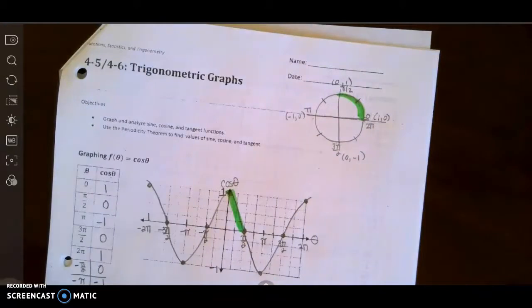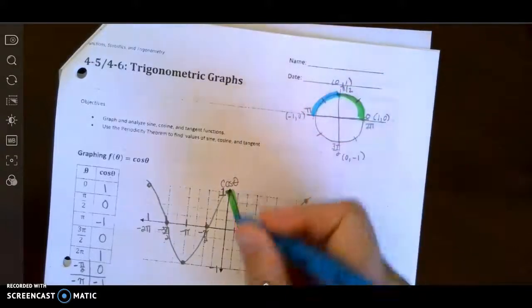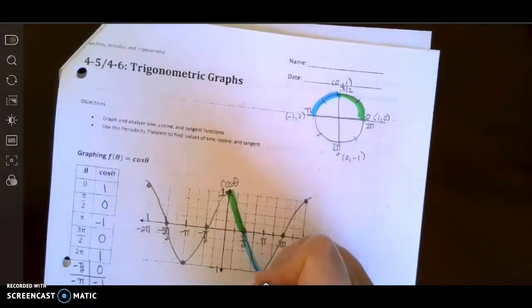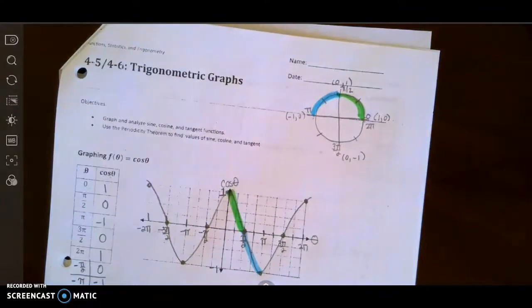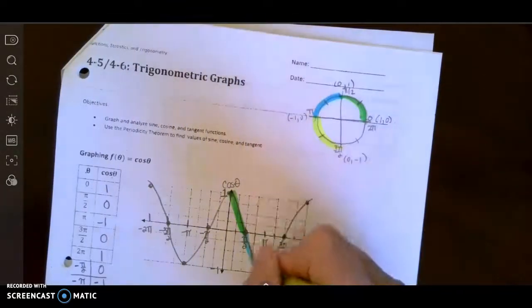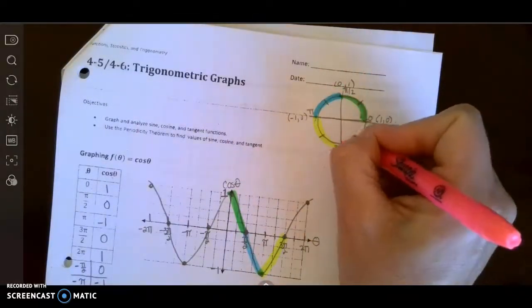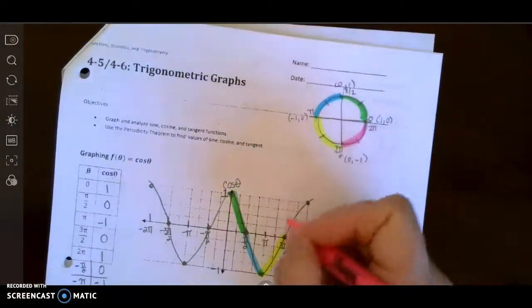Then I'm going to take a blue highlighter, and from pi over 2 to pi, that is my quadrant 2. Then I'm going to take my yellow highlighter and do quadrant 3, which is pi to 3 pi over 2. And then lastly, from 3 pi over 2 to 2 pi, that is my quadrant 4.